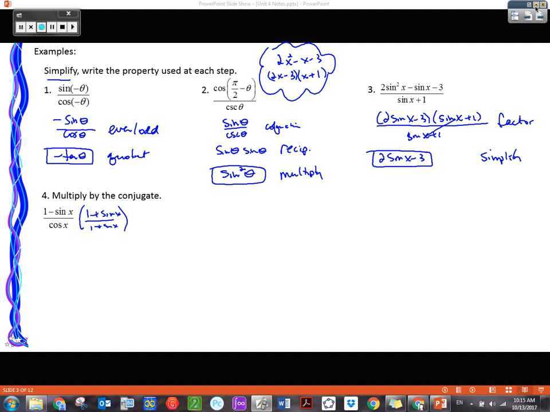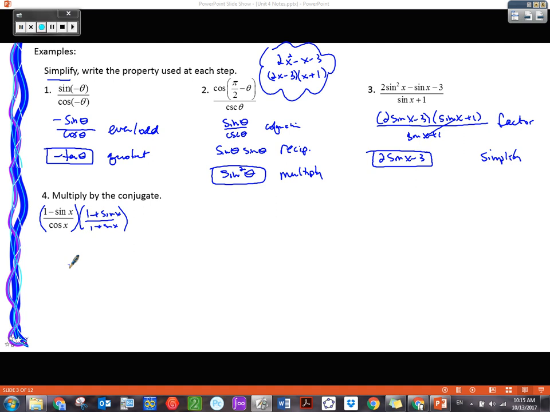If we're bringing anything else in, we have to multiply only by 1. Now, you can make 1 look pretty much any way you want, and you can even have different ones. As long as you're multiplying by 1, you'll be fine. Okay? So that's what I'm doing here. I'm multiplying by 1. And I'm going to go ahead and multiply it, and then my reason will be multiply by 1.